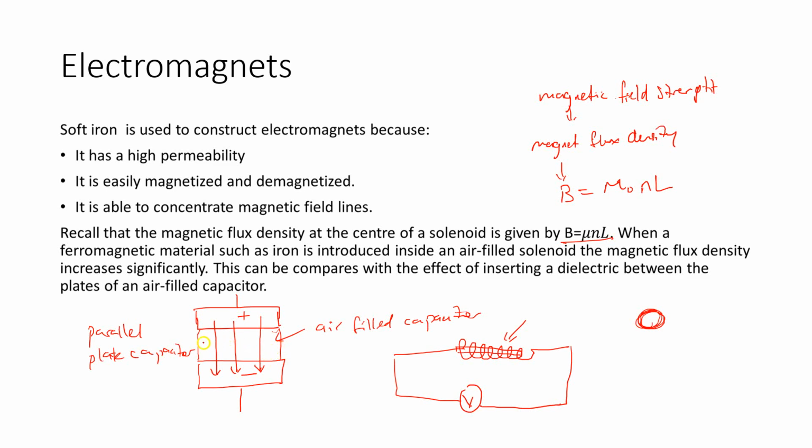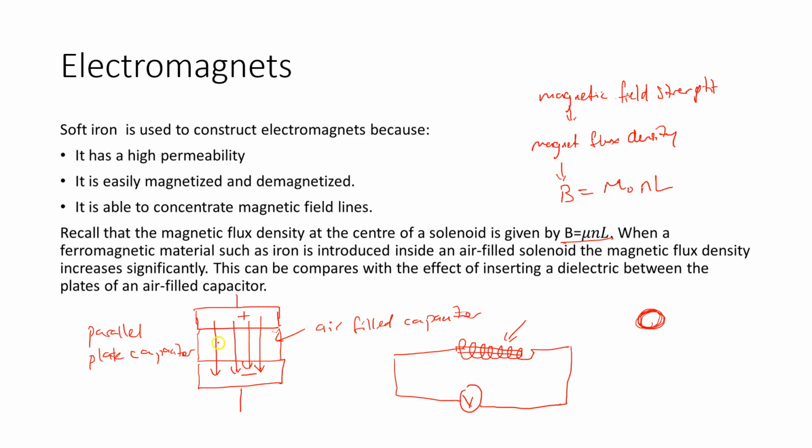Now, based on the type of dielectric that I put in between the plates, you would realize that a different dielectric will allow the capacitor to store more charge inside of it. And a capacitor is something that stores charge.